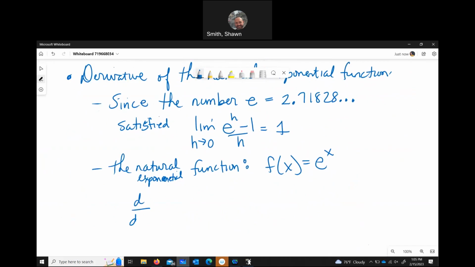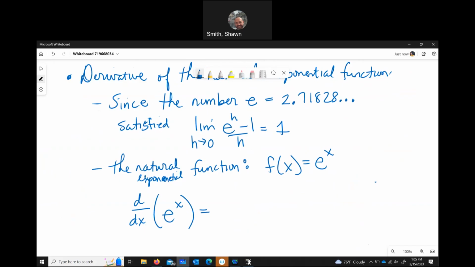The derivative with respect to x of e to the x is equal to... Now I can't use the power rule on this because the exponents for that power rule need to be numbers. Our variable here is in the exponent, and our base is a constant, 2.718... So it's the exponential function.